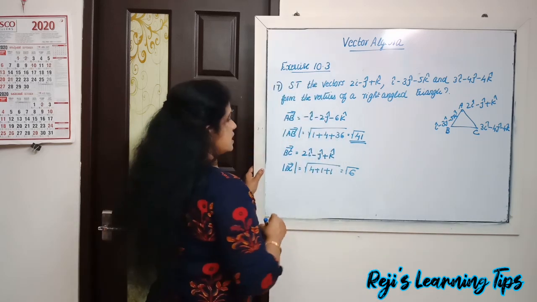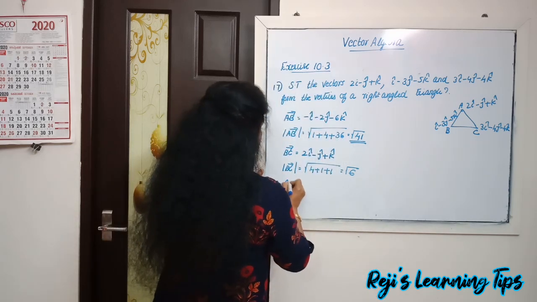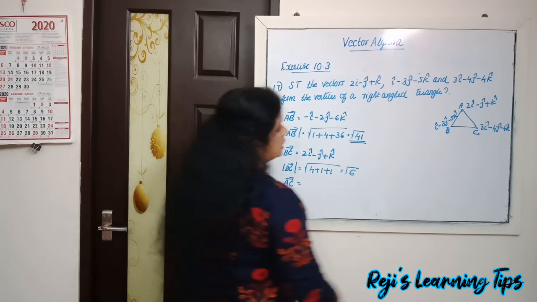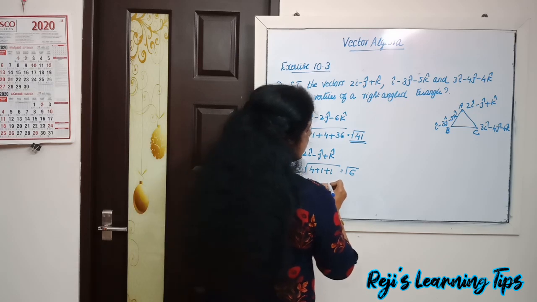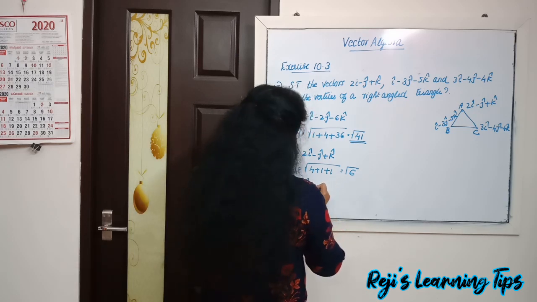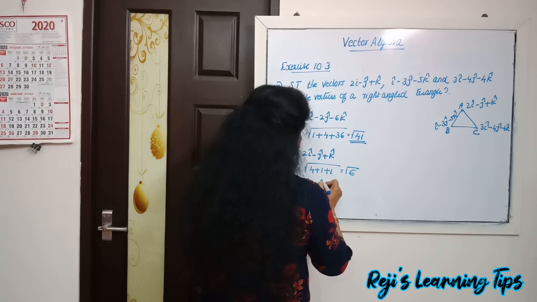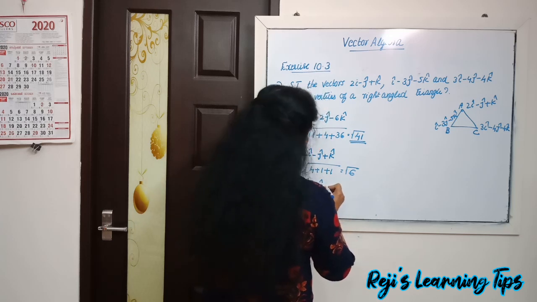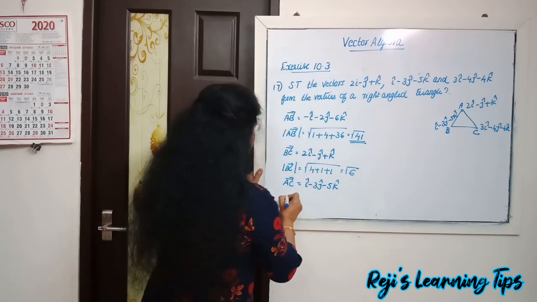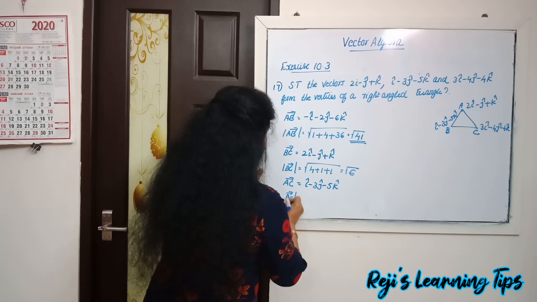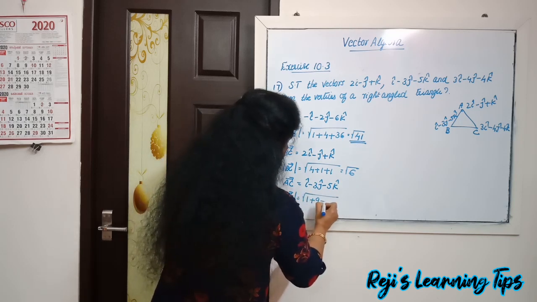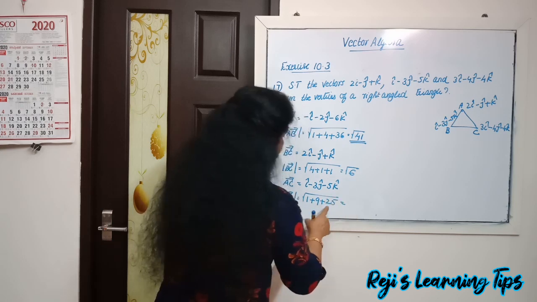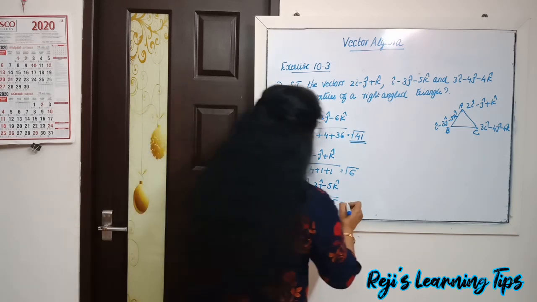Then we should find AC. Vector AC is equal to 3 minus 2, that is i; minus 4 plus 1, that is minus 3; minus 4 minus 1, that is minus 5k cap. Then the modulus of vector AC is equal to root of 1 plus 9 plus 25, that is root 35.